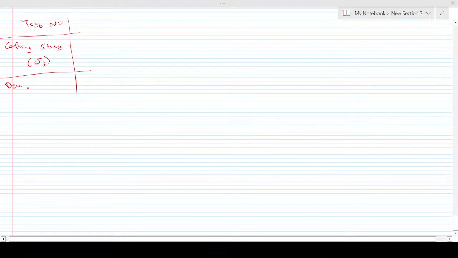With this particular question, you've been given a table with the test number, then the confining stress, let's call it sigma 3, the deviator stress, let's call it change in sigma d, and the pore water pressure, let's call it u.